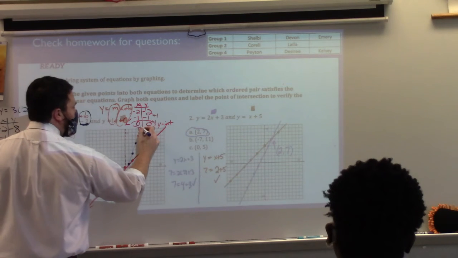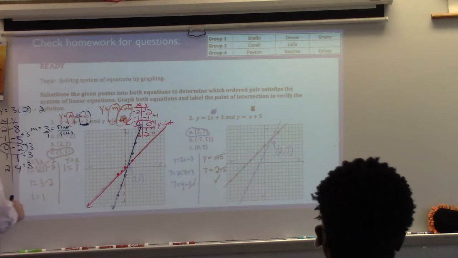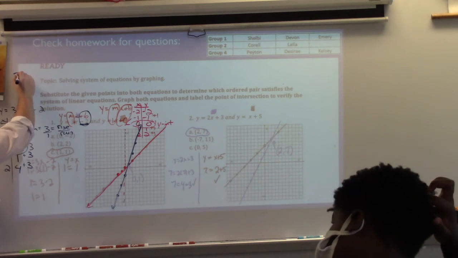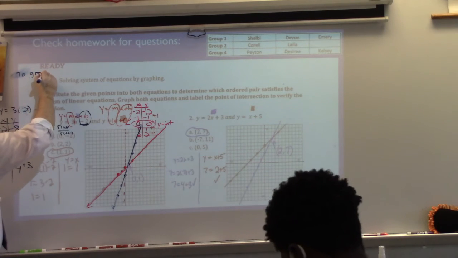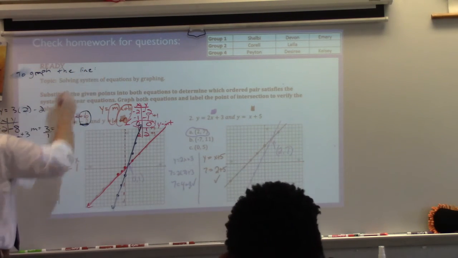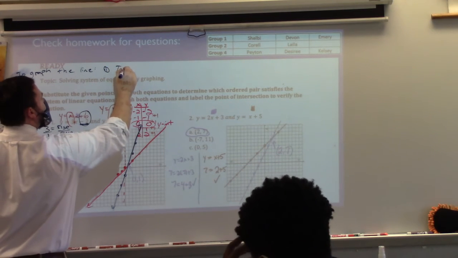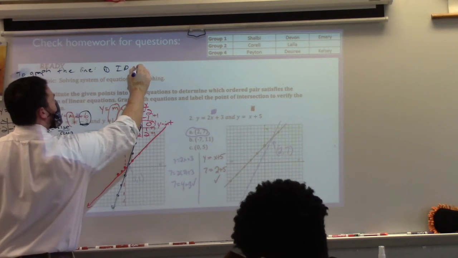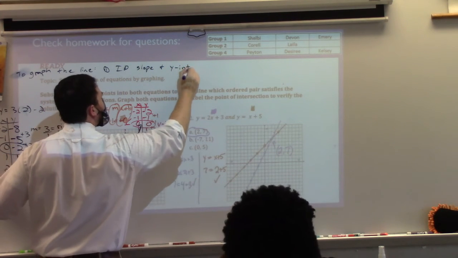Right? Once I get my points though, if you did not know this, I would write a note down here of how to graph the line. You just need a quick summary of what you could do. 1, identify slope and y-intercept.